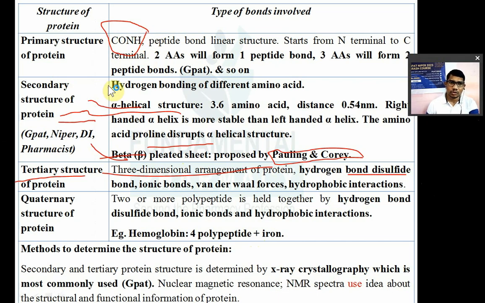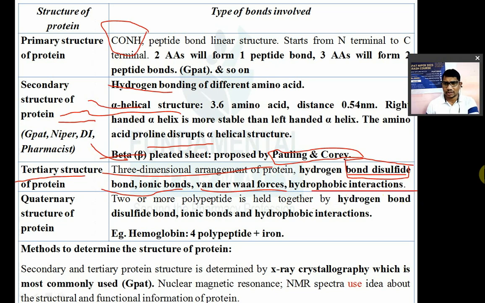In addition to the CONH bond, which means the peptide bond, and the hydrogen bond, the tertiary structure has a disulfide bond. Then ionic bonds, van der Waals forces and hydrophobic interactions are there. So these types of bondings are involved in the tertiary structure of protein.